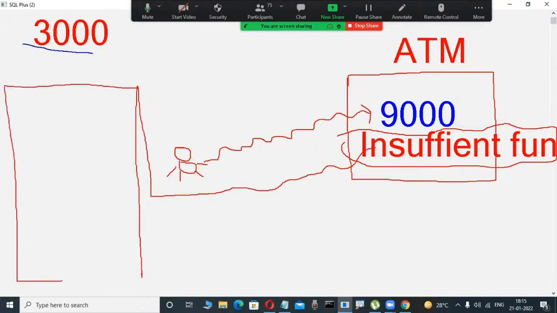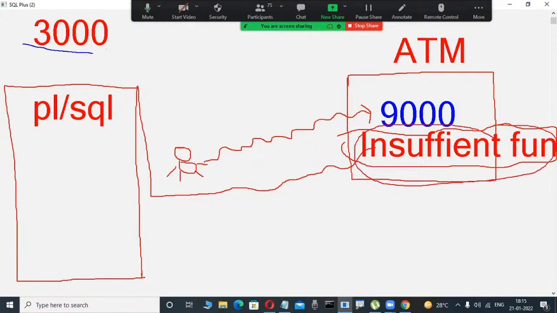They write that coding in PLSQL. Suppose Oracle projects, banking projects with Oracle, they are writing in PLSQL. And what are the conditions? If the user-entered amount is more than the available balance, then they write this message. Same like Java, C++, some coding is there. They write if conditions like that. Otherwise, how is it possible?